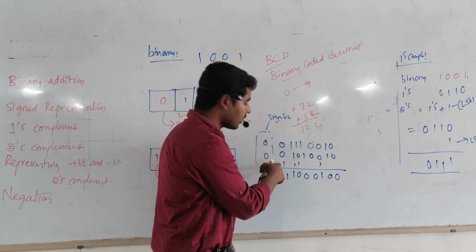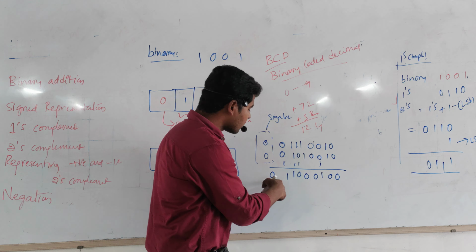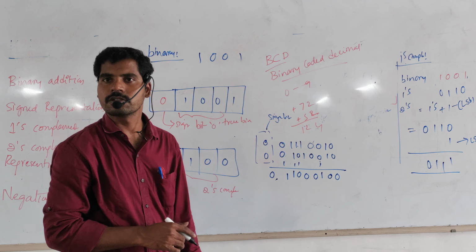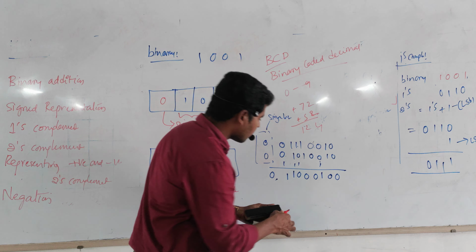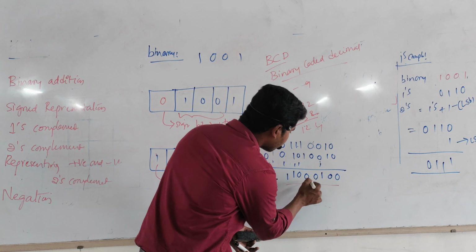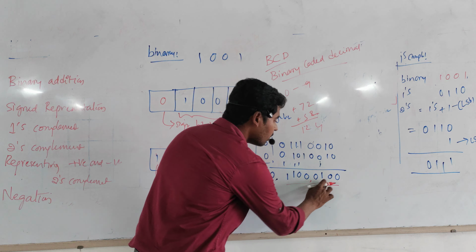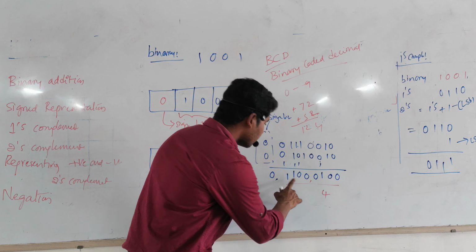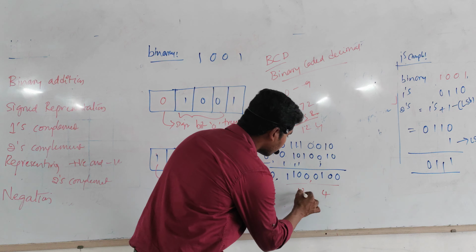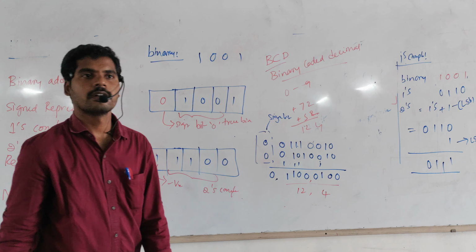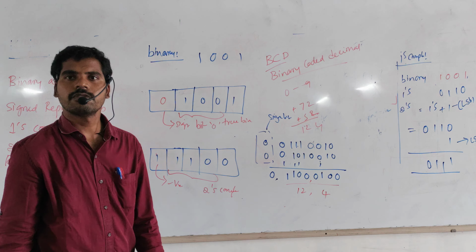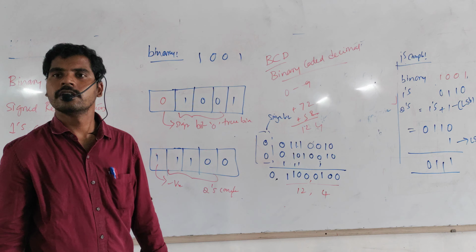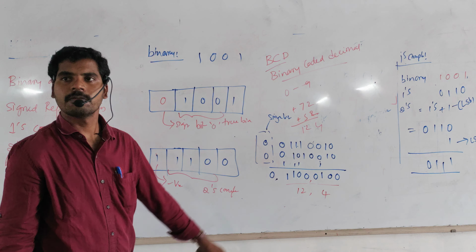I will get this number. This is the sign bit. No changes in the sign bit. If you are adding that one also, let us see what is the equivalent value. 4-bit format representation 0100 is the equivalent of the decimal number 4. This is the equivalent of the decimal number 12. So 124, right? This is the way of representing the corresponding numbers with the help of BCD.